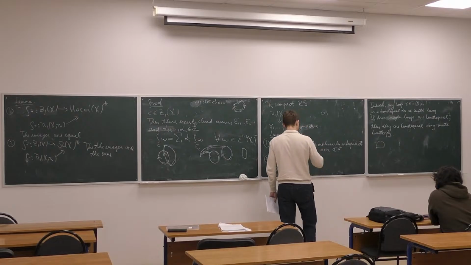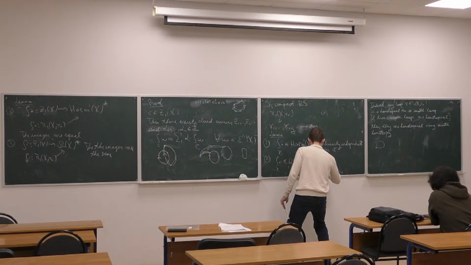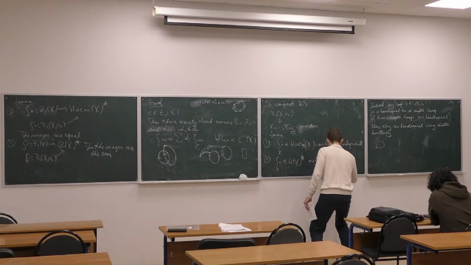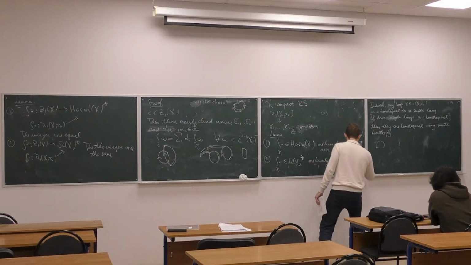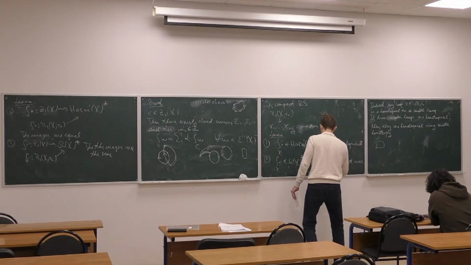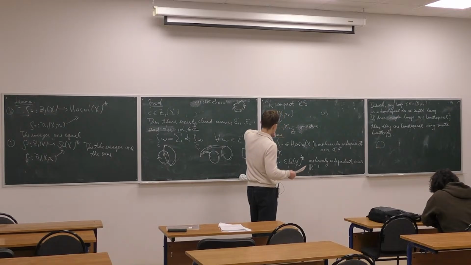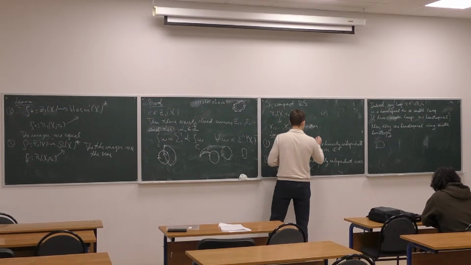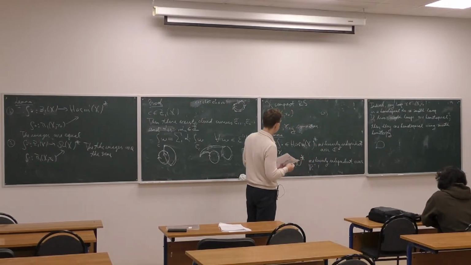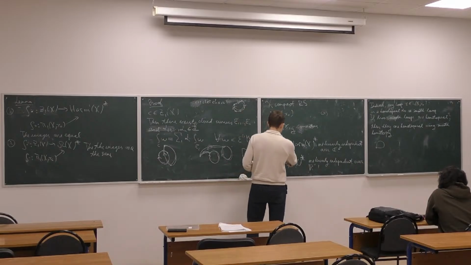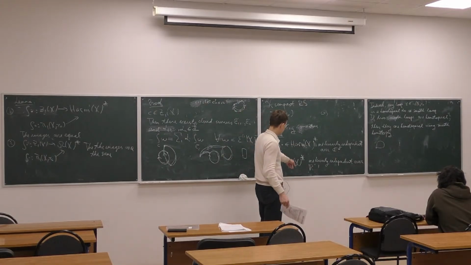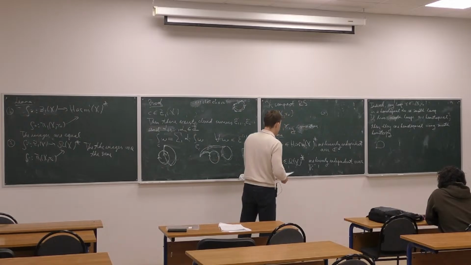Then they are linearly independent over R. So you can consider integrals over these loops as linear functions on harmonic forms, and then these linear functions are linearly independent over C. But you also can consider them as linear functions on holomorphic forms, and then they are linearly independent over R.